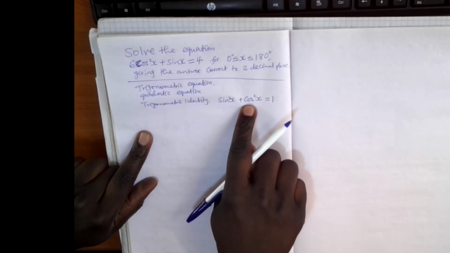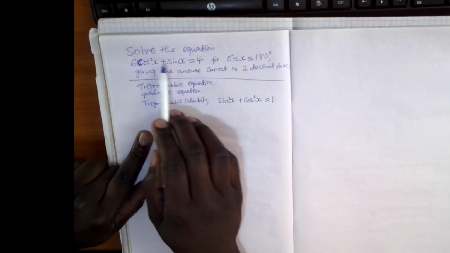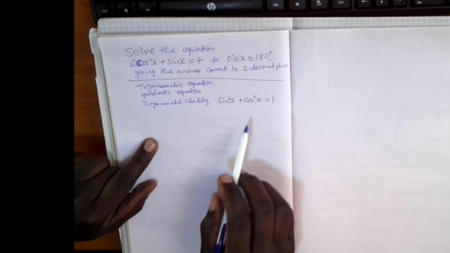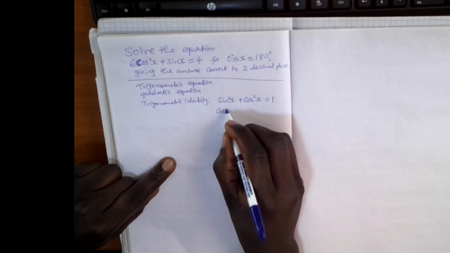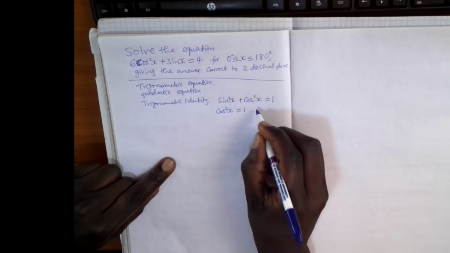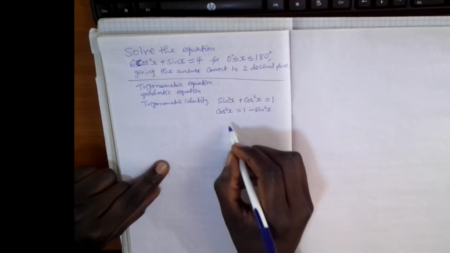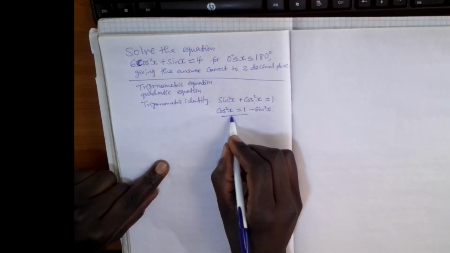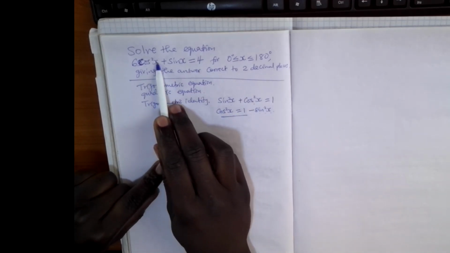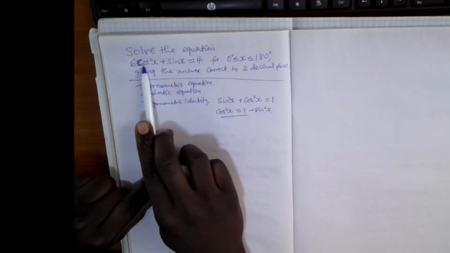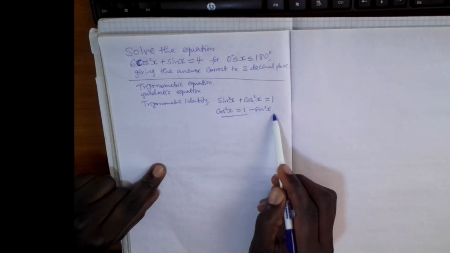Since the given trigonometric equation has cosine and sine functions in it, this can be written as cosine x squared equals 1 minus sine x squared. Whenever we have cosine x squared, we substitute it with 1 minus sine x squared into the given equation.